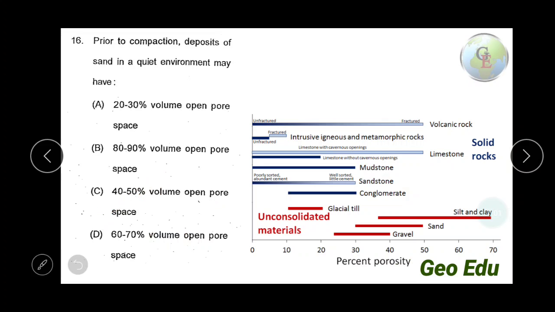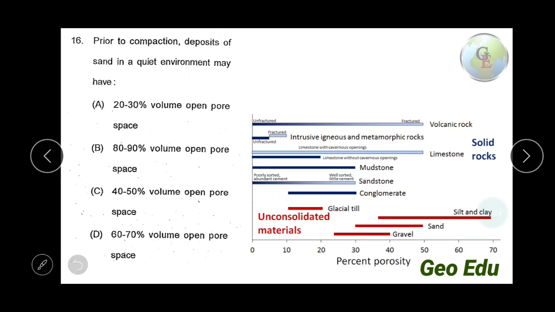Next question. Prior to compaction, deposits of sand in a quiet environment may have: option A 20 to 30% volume open pore space, option B 80 to 90% volume open pore space, option C 40 to 50% volume open pore space, option D 60 to 70% volume open pore space.